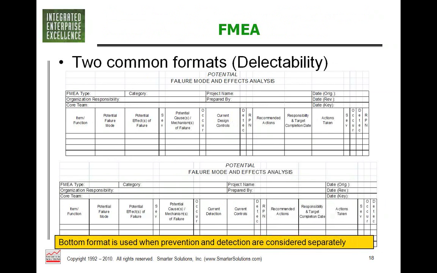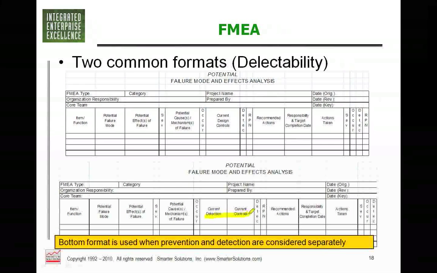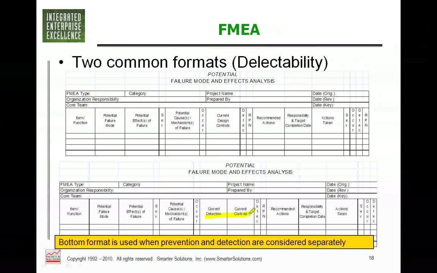Now there are two basic types of matrices. You've got an FMEA here, and in this area over here, this is the key difference. In the past, we pretty much looked at current design controls. That's the matrix at the top.